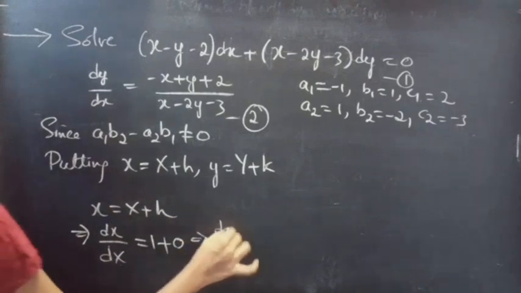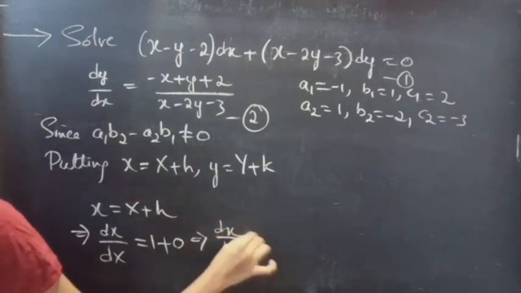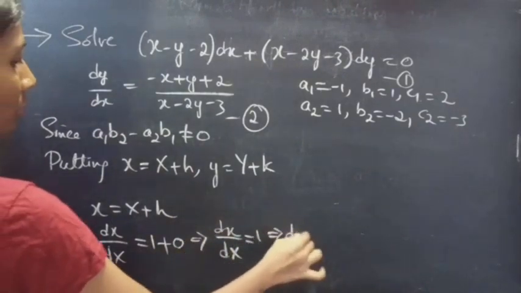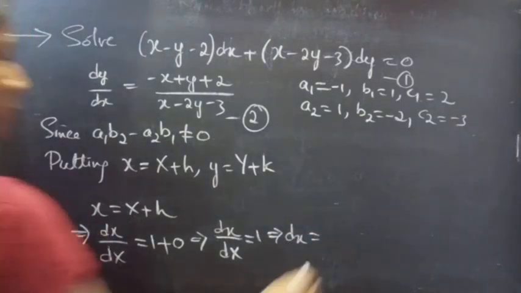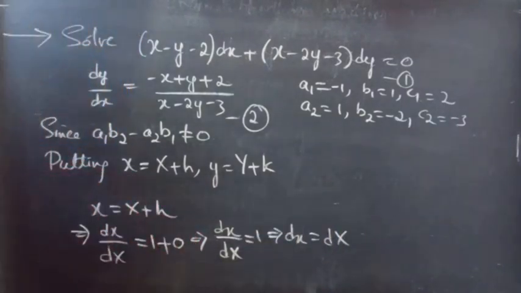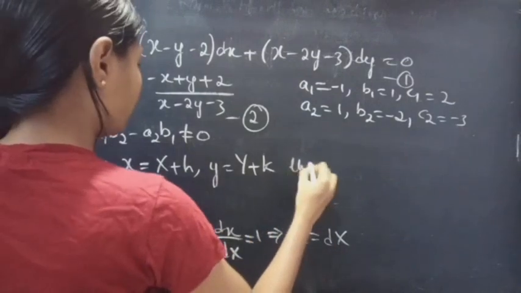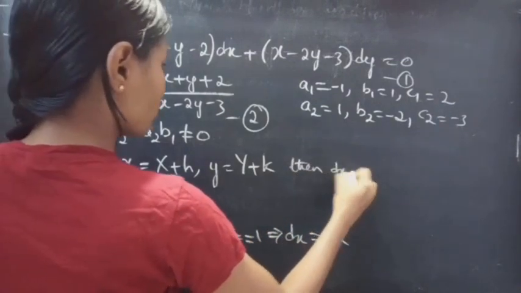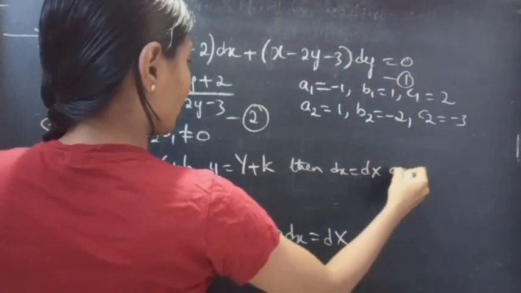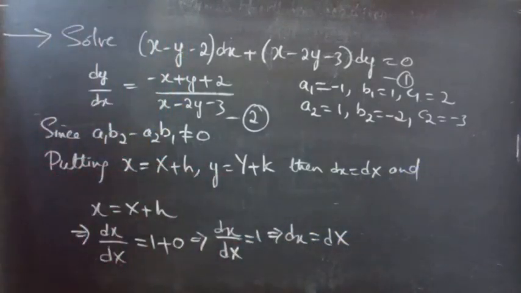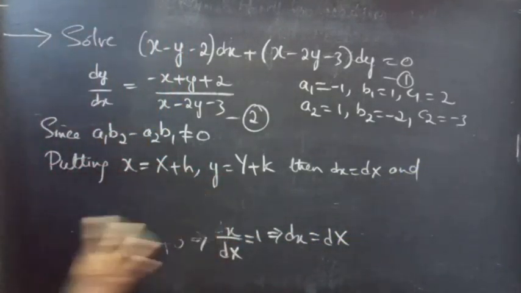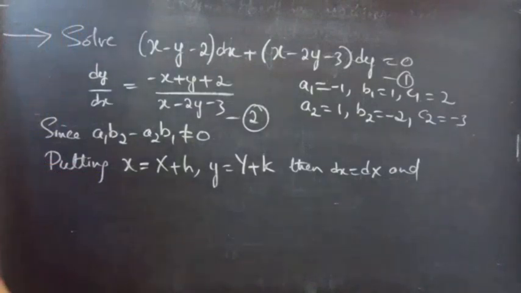From this we'll get dx by dX equals 1. So small dx equals dX, right?